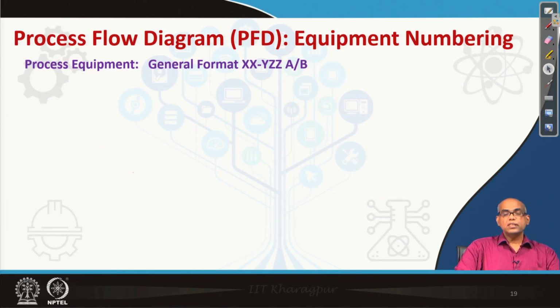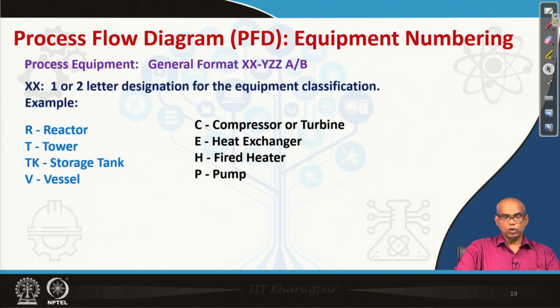Now, let us see how the equipment are numbered in process flow diagram. So, the general format is XX-YZZ A/B. What does it mean? Look at the first symbols, XX.